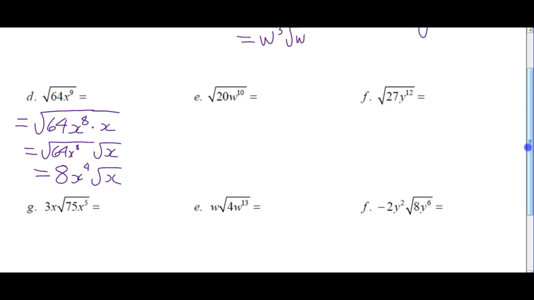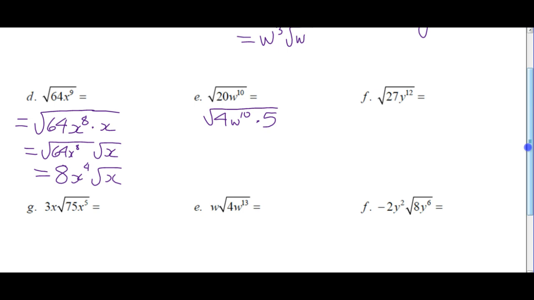Square root of 20w to the 10th. Okay, so what's the largest perfect square that goes into 20? 4. Does w to the 10 have a square root? Sure does. It's even. How do I get a 20? I've got a 4. What else do I need? Where'd you get 4 from? The largest perfect square that goes into 20.